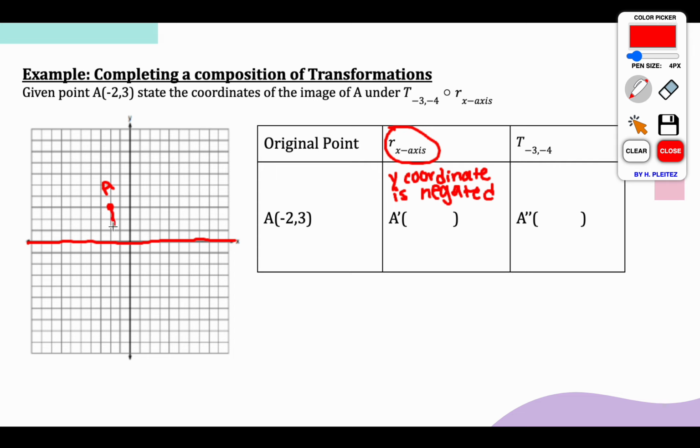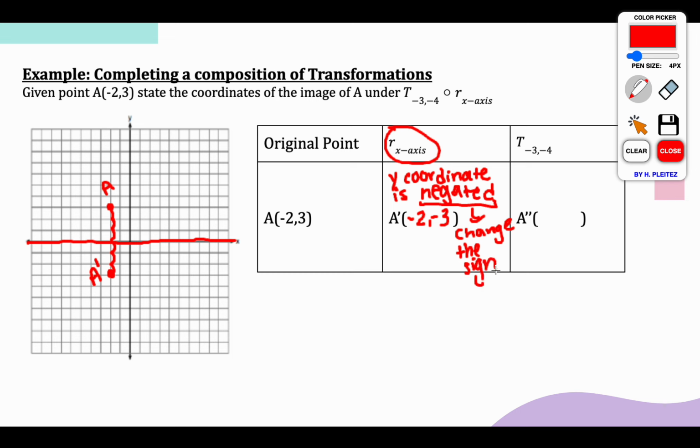So we have 1, 2, we are 3 units away. So we need to go 3 units away to find A prime. So A prime, no matter what method we use, is going to be at (-2, -3). Now remember, the word negated means we're just changing the sign of it. So if this was actually a negative number, to negate it, you just change the sign to make it positive.